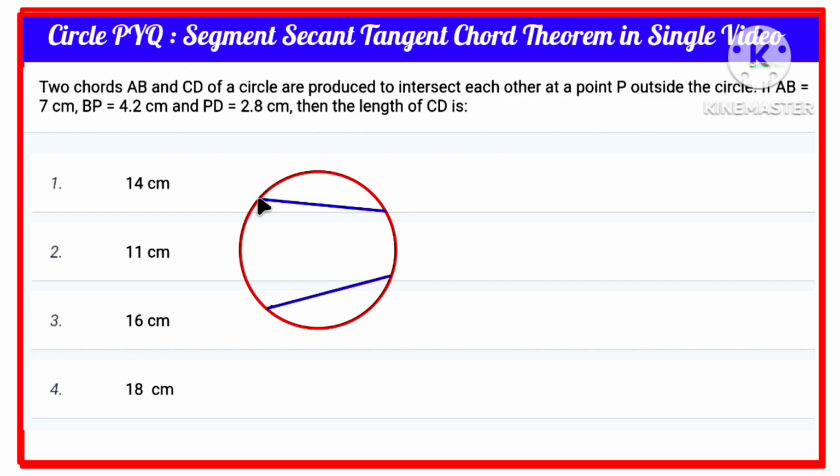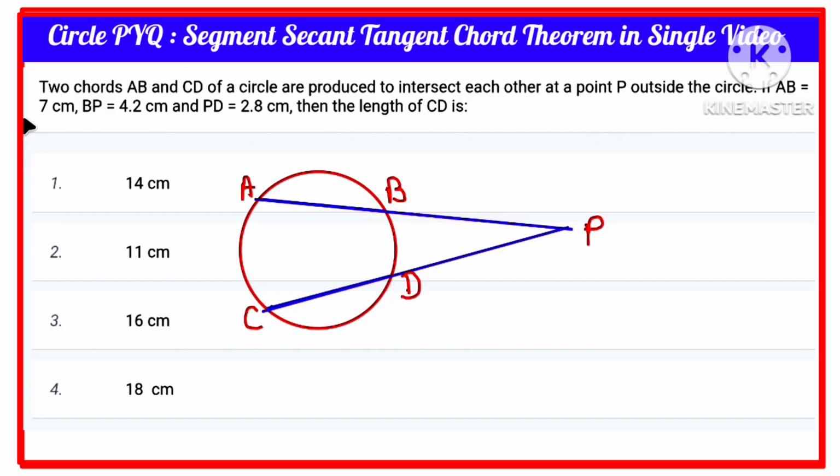It is said that if we produce this AB, that means if we extend this one, then this one and this one, that is CD, this chord will intersect each other at a point. This particular point is said to be P. According to the question, this chord AB is produced till P, where it is meeting the chord CD when this CD chord is also extended.